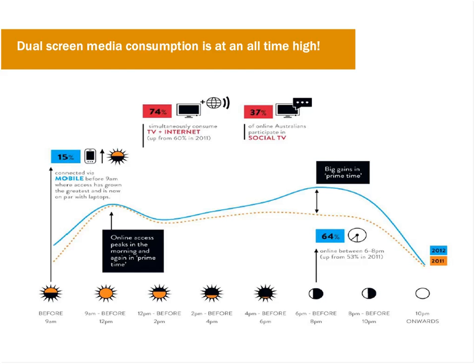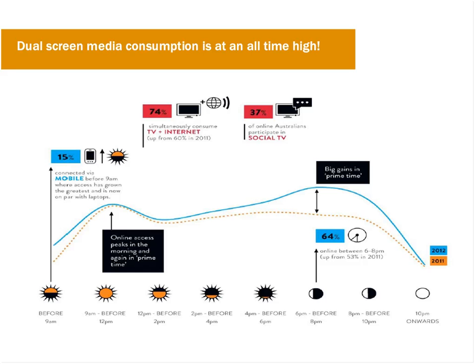Dual screen media consumption is at an all-time high. These figures from Australia recently show that 74% are actually surfing the internet while they watch TV. I had a look last night at some figures for New Zealand. They're a little bit, say, a year or more old, the figures I found, but that was even 66% for New Zealand.